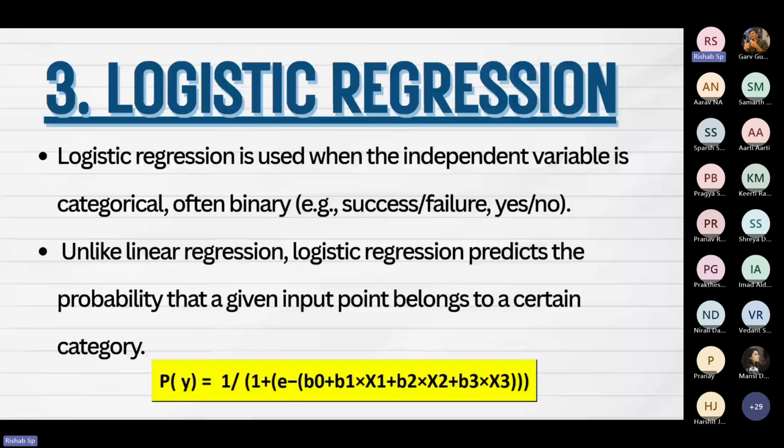Let's assume the same case, the tea seller doesn't have any such data. So he asks: is today a sunny day? Yes or no. Is it raining today? No. He has answers like this, categorical data like yes, no, success, failure, etc.